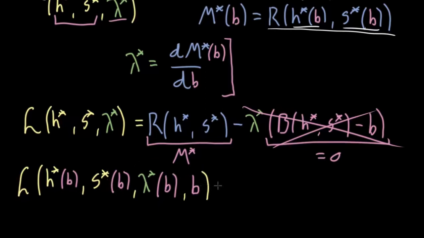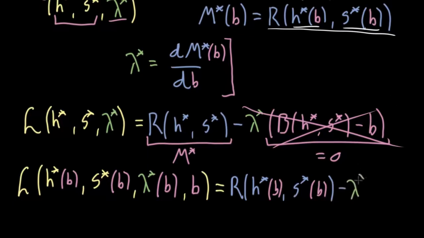And so just to make it explicit, this would equal the value of r as a function of H star and S star. And each one of those is a function of little b, right? So this term is saying what's your revenue evaluated on the maximizing H and S for the given budget. And then you subtract off lambda star.